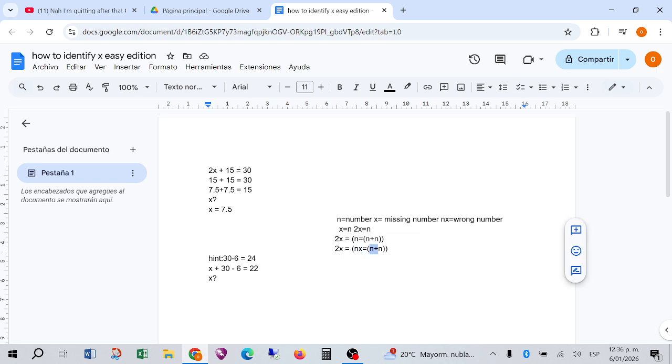Basically, if n plus n equals nx, then 2x is not the same. But if n plus n equals n, then 2x is correct.